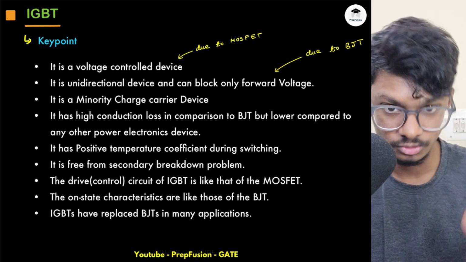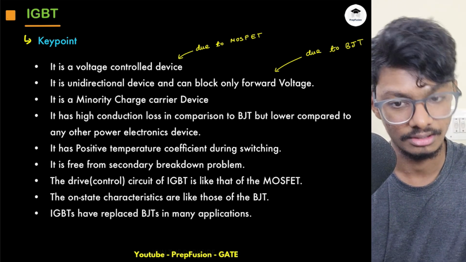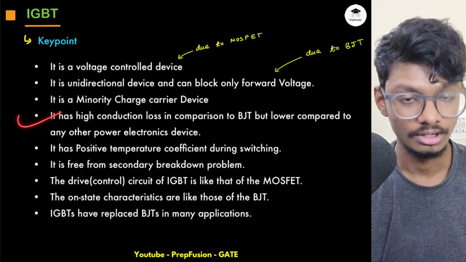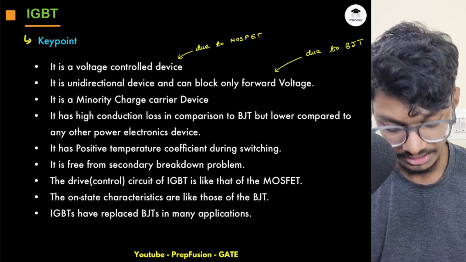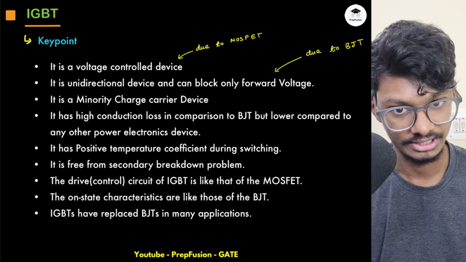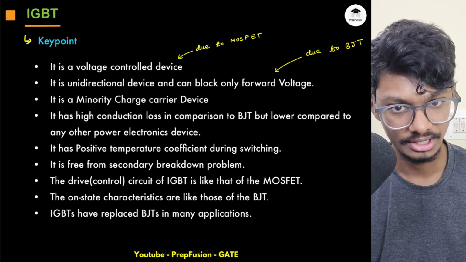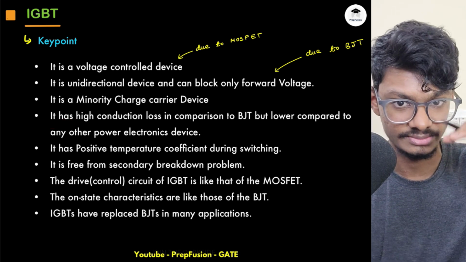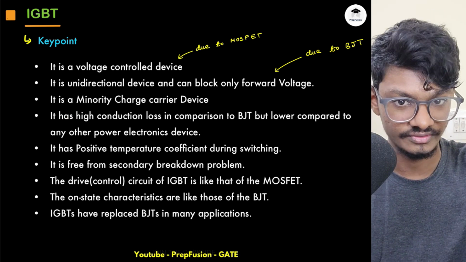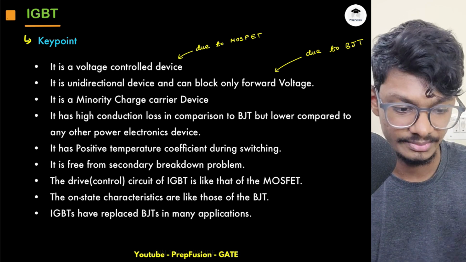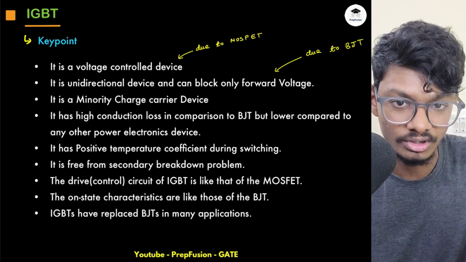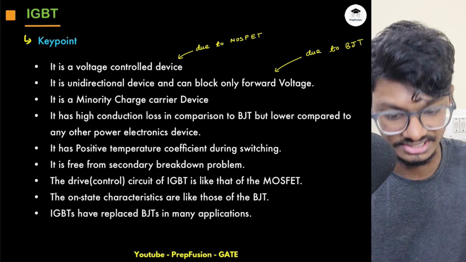Because BJT has better conductivity modulation than this, though this also has conductivity modulation. But MOSFET doesn't have it, so MOSFET has more conduction loss than this. IGBT comes in the middle of power MOSFET and BJT in terms of conduction loss. BJT has the lowest conduction loss, IGBT has a bit more, and MOSFET has the highest.